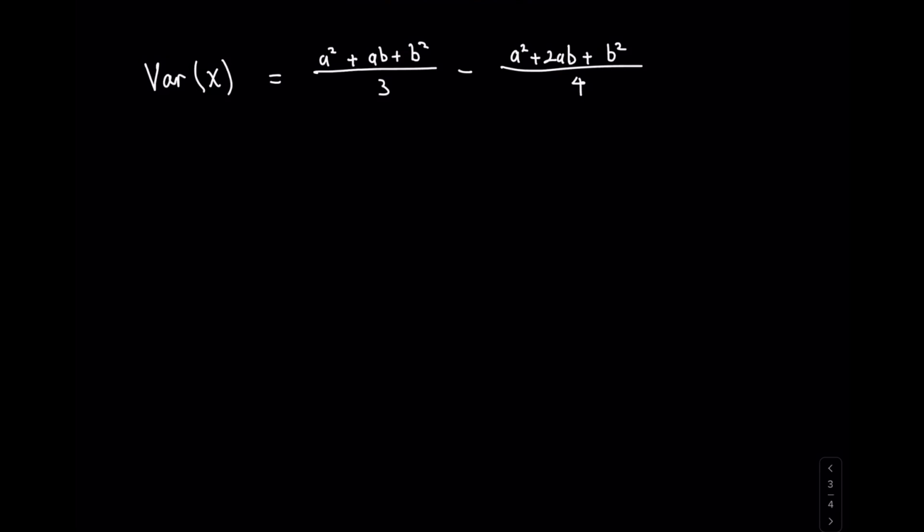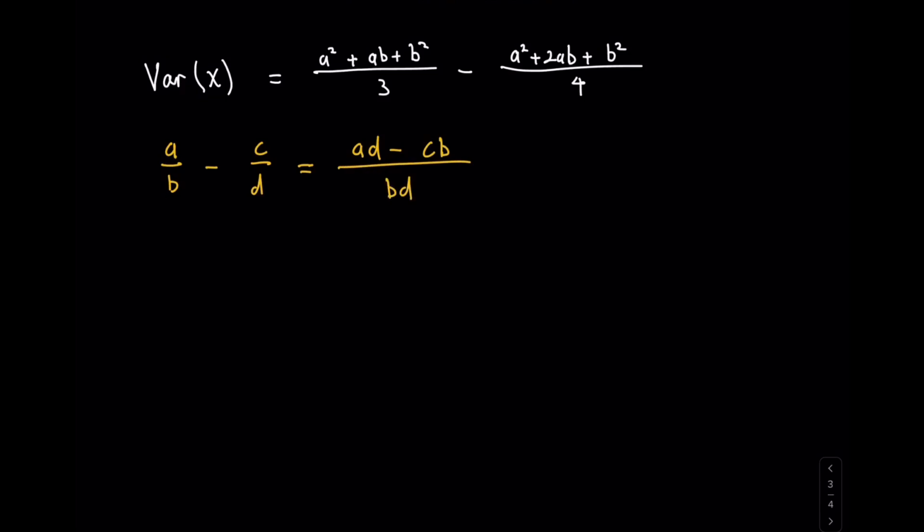When we have two fractions subtracted from one another, and this is just a side note, if you've got a over b minus c over d, you can do cross multiplication where you've got ad minus cb over bd.